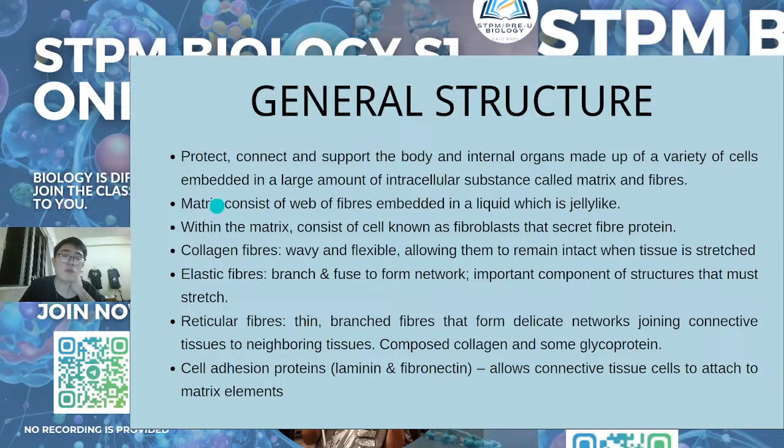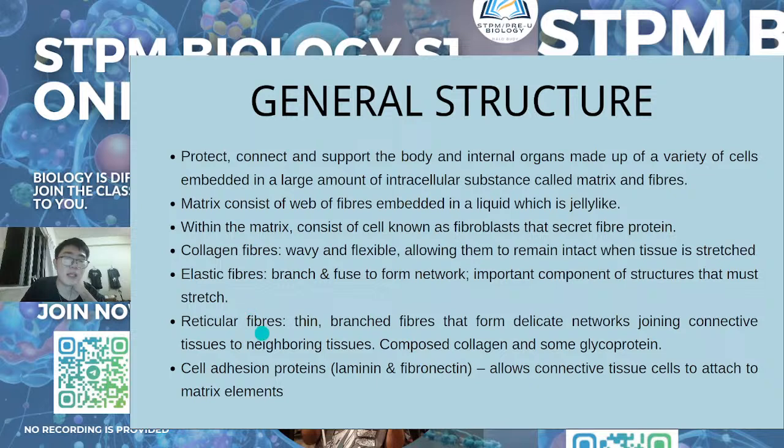What is the matrix? The matrix is a jelly-like structure, a jelly-like liquid. And then within the matrix, we have many cells, one of which we call fibroblast. This one is actually a very important cell because it can secrete fiber protein. So all of the fiber structure forms because of the fibroblast.